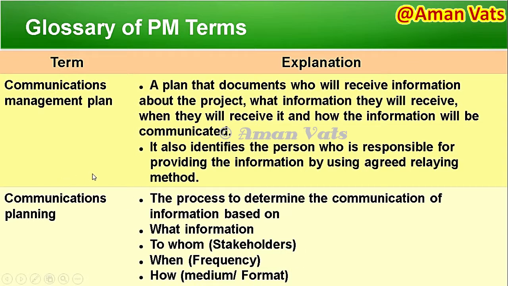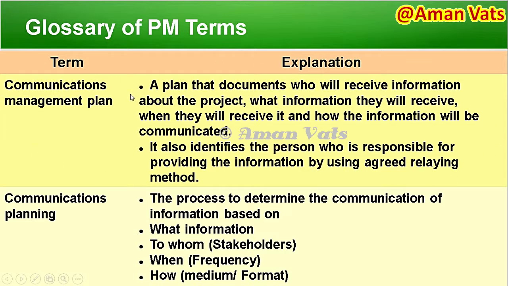Okay. Communication management plan: a plan that documents who will receive information about the project, what information they will receive, when they will receive it, and how it will be received. It also identifies the person responsible for providing the information using an agreed relaying method. This is an agreed method between the customer and the project manager.